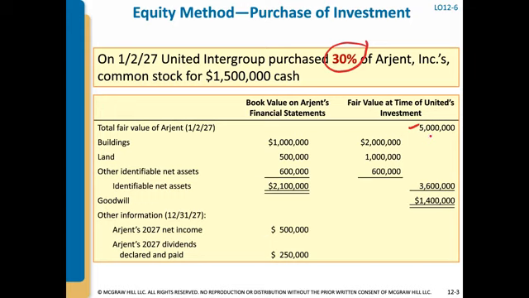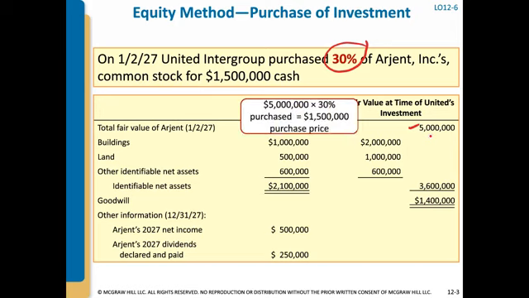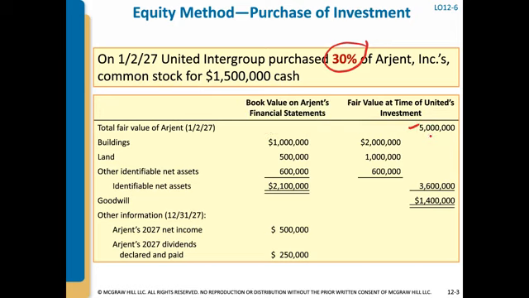We created an investment account, increasing investment in equity for $1.5 million, which is 30% of the 5 right there. And we also learned how to account for United Group's proportionate share of Arhant's net income and their dividends paid.